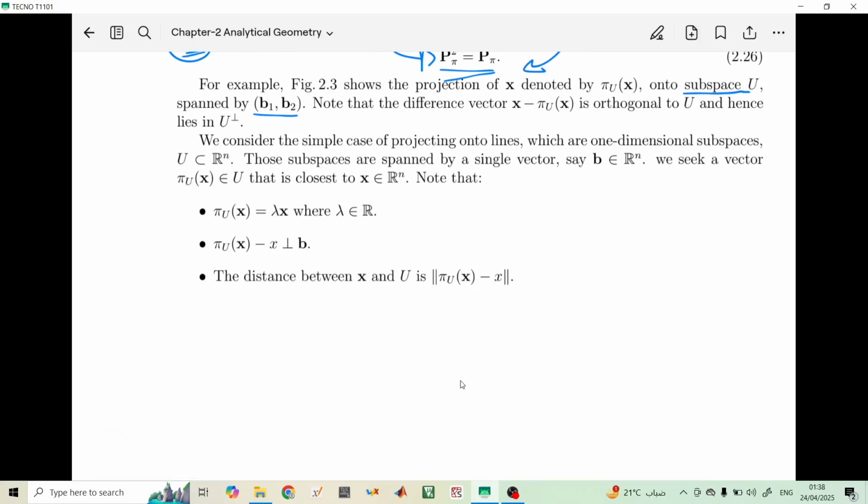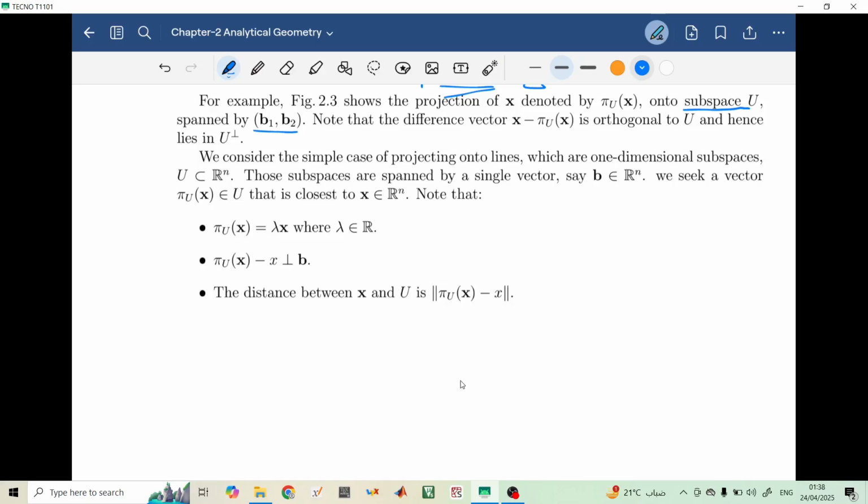Now when we project the vector onto U, then it lives in U, so it can be represented by basis vectors, right? But we still have this orthogonal complement or orthogonal component that lives in the complement subspace.